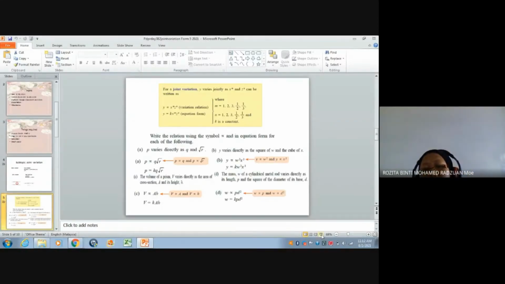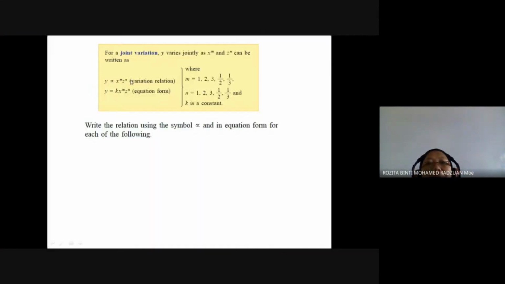Okay, next slide. For joint variation, we have y varies jointly as x to the power of m and z to the power of n, can be written as x to the power of m, z to the power of n. M and n could be any numbers. So how we write in the form of variation relation?